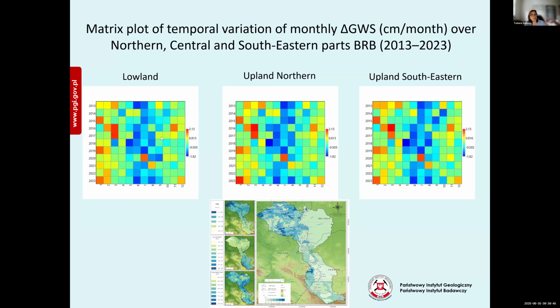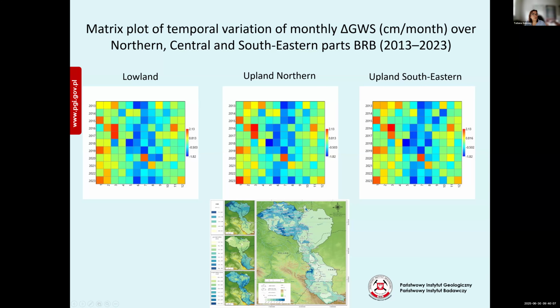Moreover, monthly groundwater storage changes exhibited opposite directions. Increases in groundwater storage predominated from October to April, while decreases were observed from May to September.